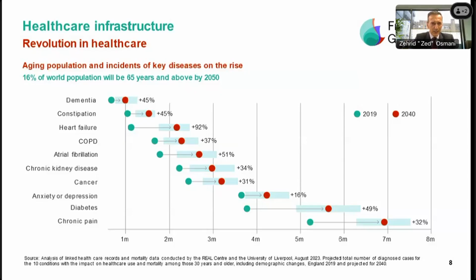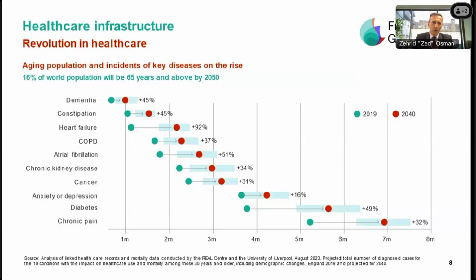So if you look at things like diabetes, that is predicted to increase by 49% between now and 2040. For heart failure, that's a 92% increase. Cancers, 31% increase. And COPD, which is a breathing disorder, 37% increase.